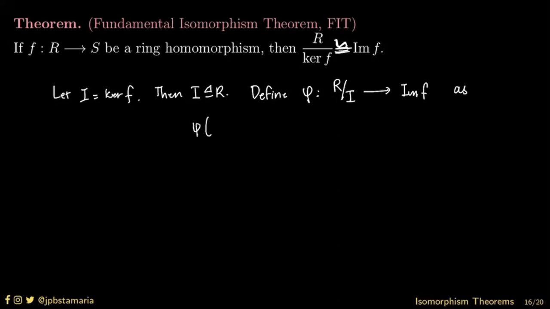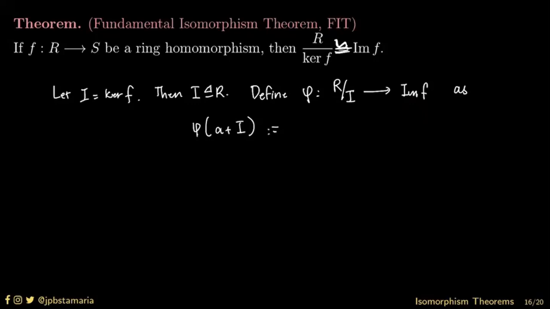Ano laman ng R modulo I? Ang laman ng R modulo I, mga cosets ng I. So typically, an element would look like a plus I for some little a in R. No? Question is, para mapunta ka doon sa image ng F, saan ko pwedeng i-associate yung phi of a plus I? To where should I map this one?